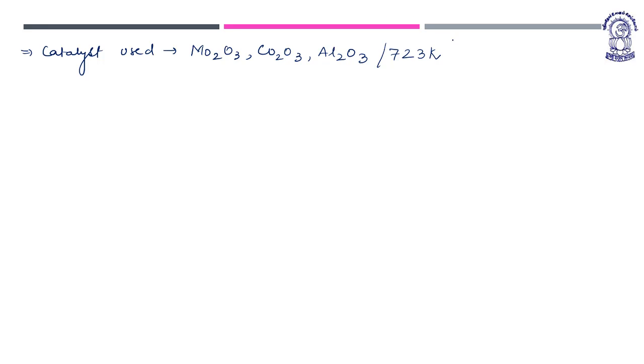Another method uses catalysts such as molybdenum oxide, MoO3, CoO3, and Al2O3 at 723 Kelvin to convert propene in the presence of air and ammonia to form vinyl cyanide.